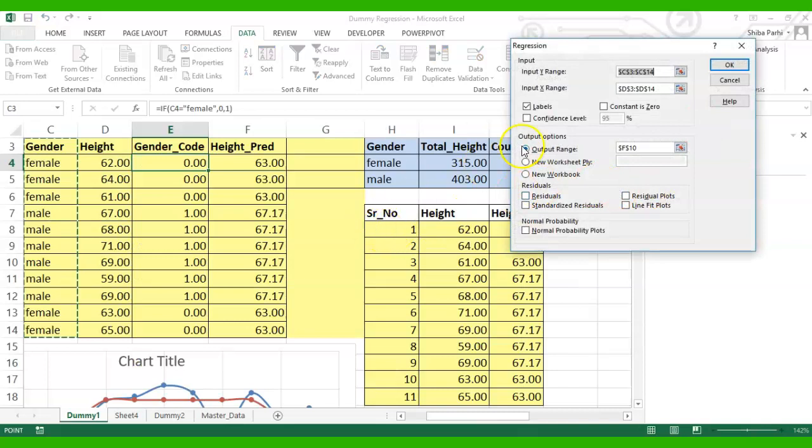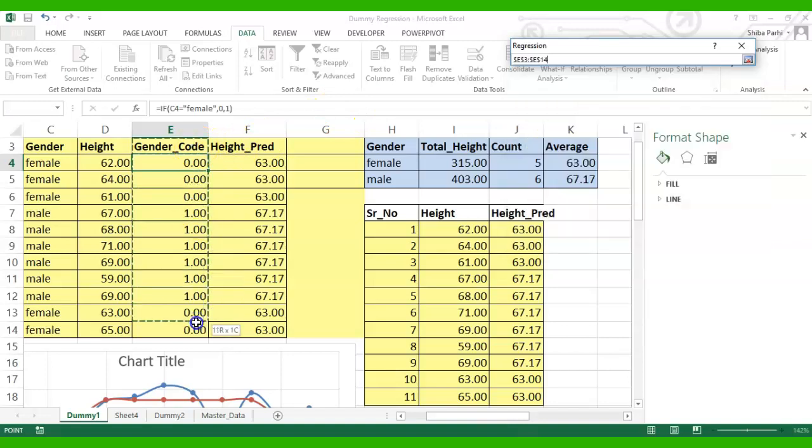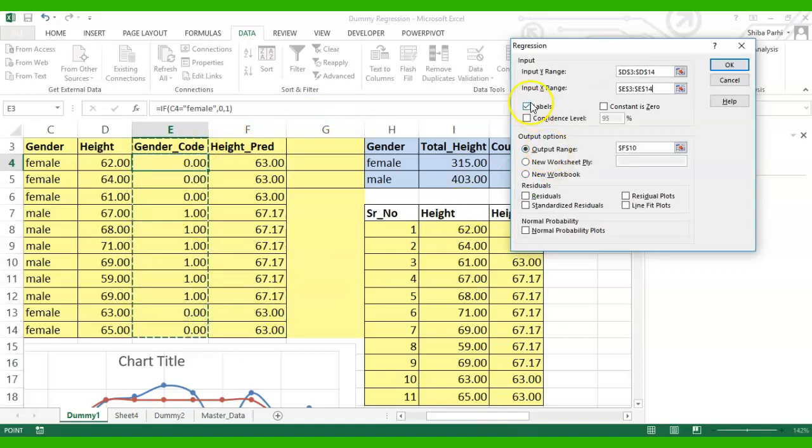By going to the regression you can take y as the dependent variable, which is the height, and x, my independent variable, is the gender code, and put the labeling, and we want to see the output wherever. So accordingly if you put OK, then you will get the output.